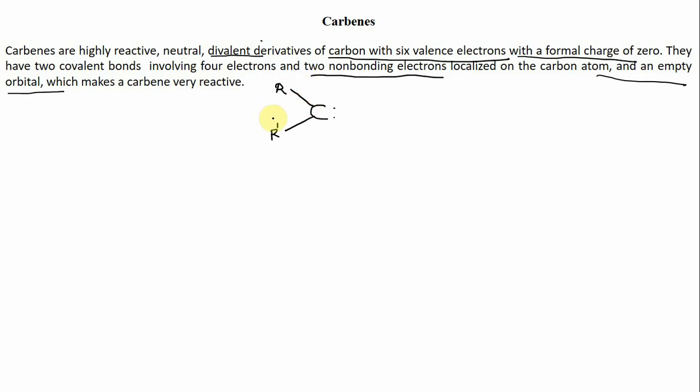Now since these carbenes consist of only 6 valence electrons, they are electron deficient in nature, and therefore they act as electrophiles. They have a very strong tendency to accept electrons. To complete the octet, they can accept 2 electrons.